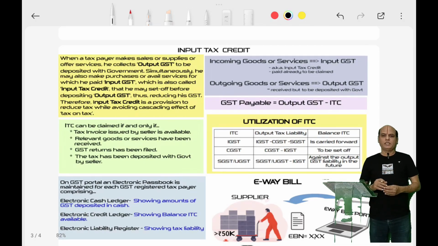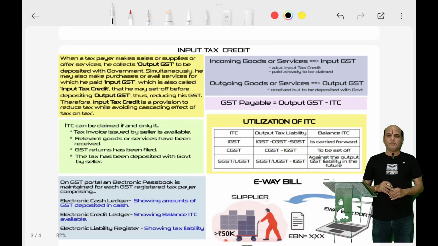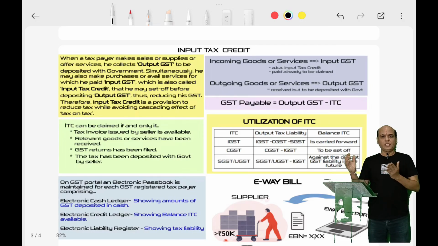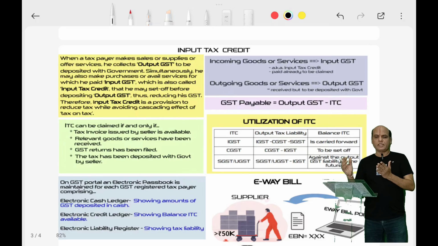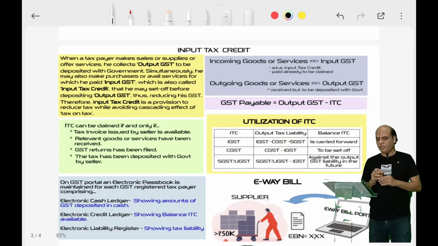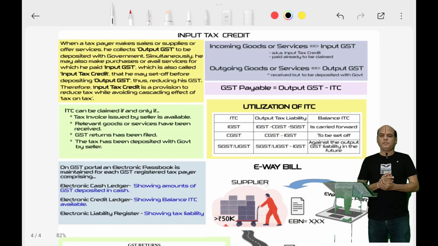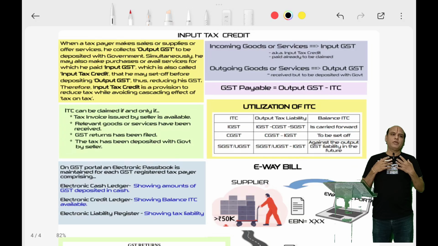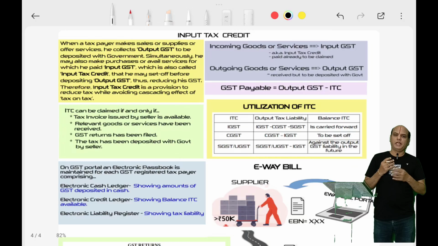We have already discussed what is input GST, which is also called as input tax credit, output GST. So to determine any taxpayer's tax liability, output GST minus input GST gives us the tax liability that he is supposed to pay to the government. When I need to claim input tax credit that stands against my name, I need to fulfill certain conditions.